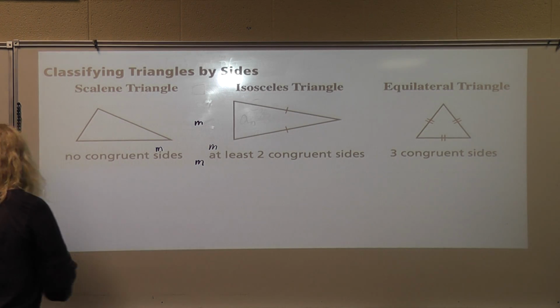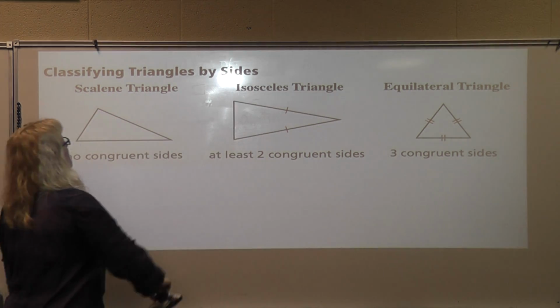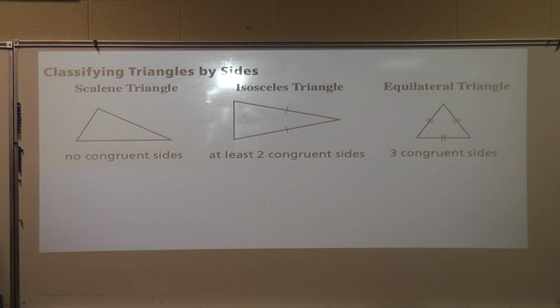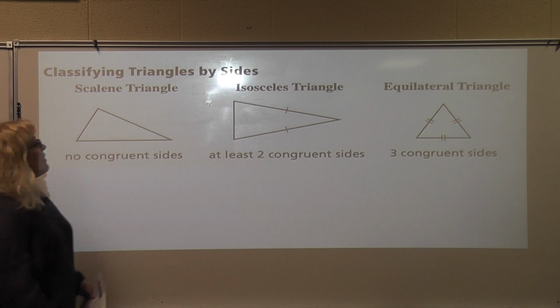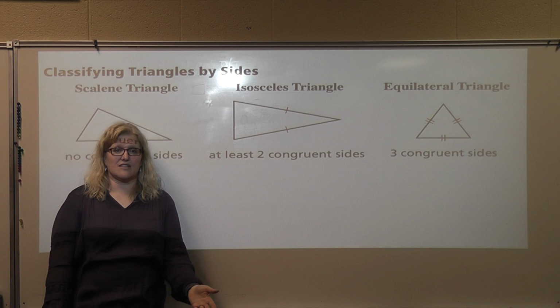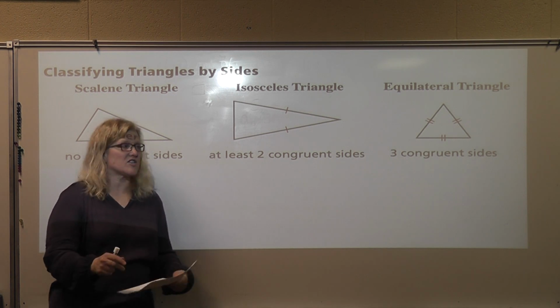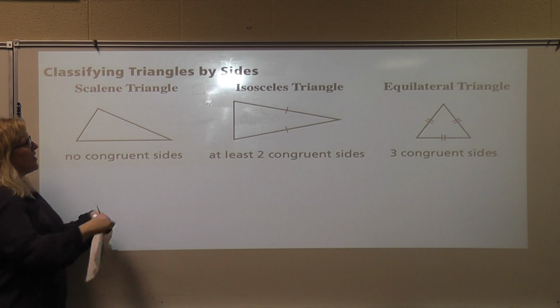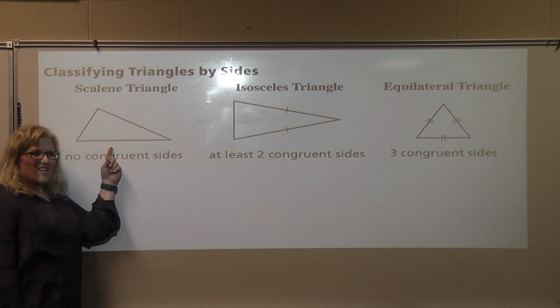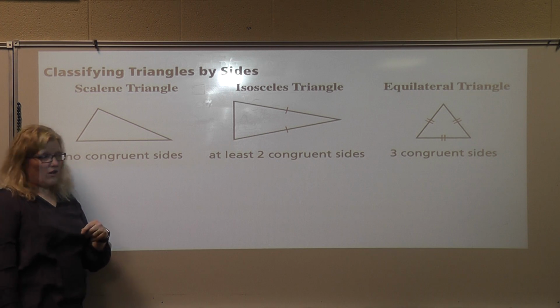Okay, so classifying some triangles. This I know is a review. This is classifying triangles by their sides. We don't really care what their angles are, we just care about their sides. So if you have a triangle where none of the sides are the same length, it's called scalene.